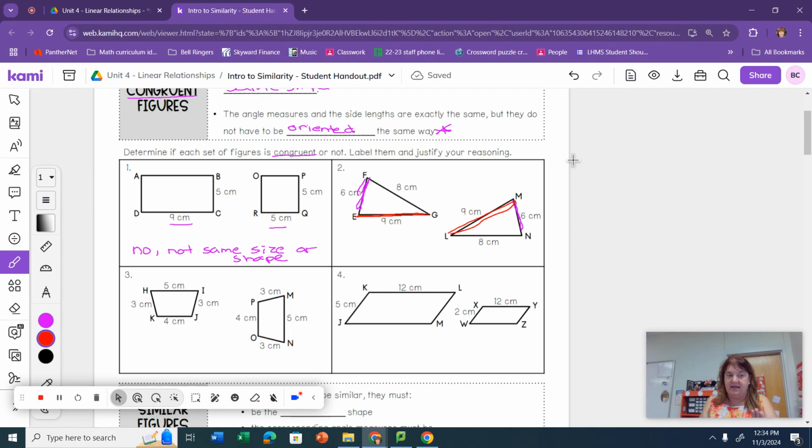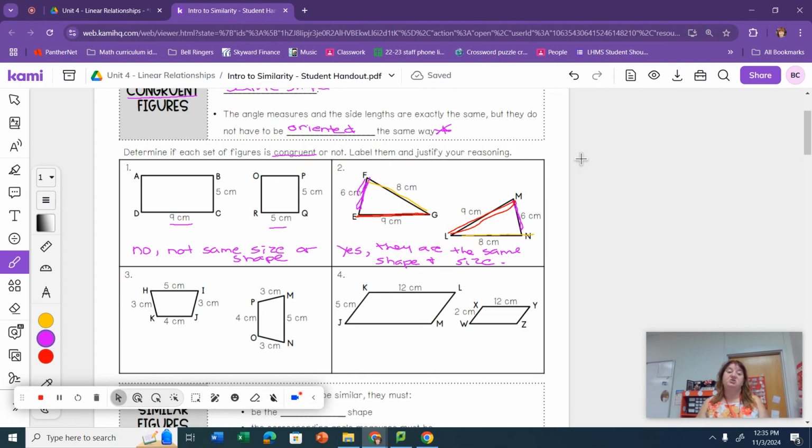So that lines up. And let's just make sure the last one lines up too. 8 aligns with 8. So the answer to this is yes. They are congruent. They are the same shape and size.